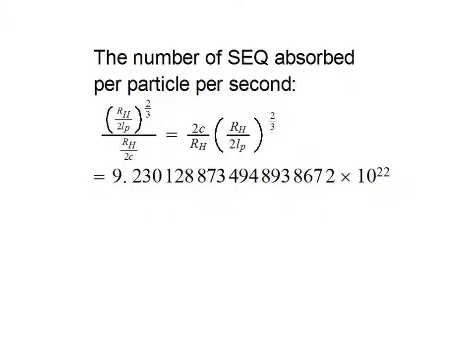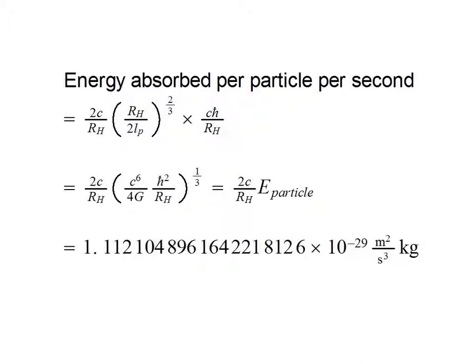We can calculate the number of small energy quanta absorbed per particle per second. Here is our number of SEQ in a particle, divided by the age of the universe, and we get approximately 9.23 times 10 to the 22 SEQ absorbed per particle per second. We can calculate the energy absorbed per particle per second.